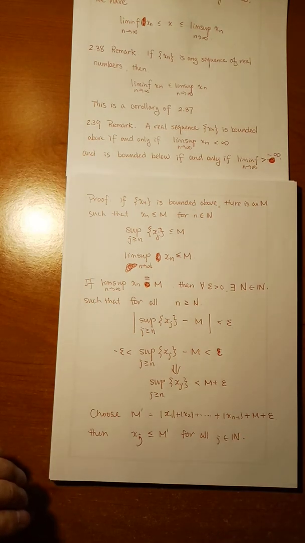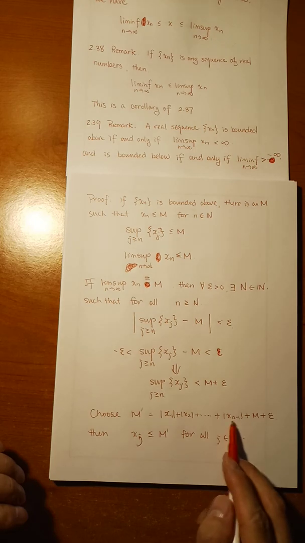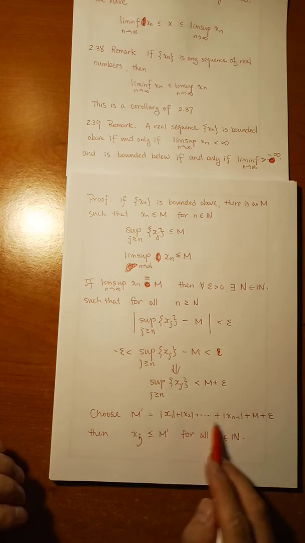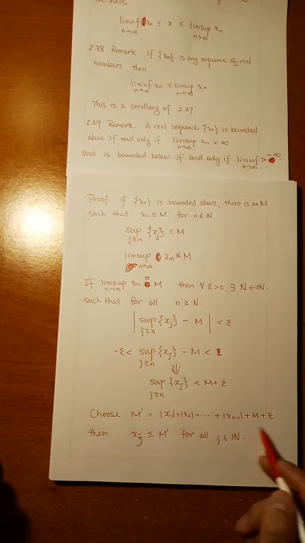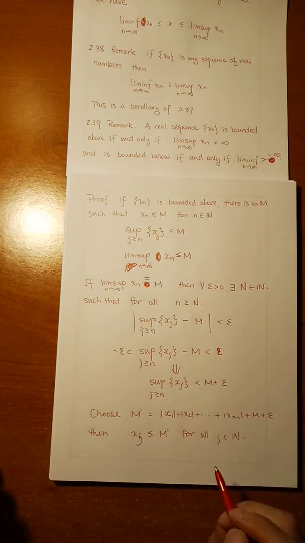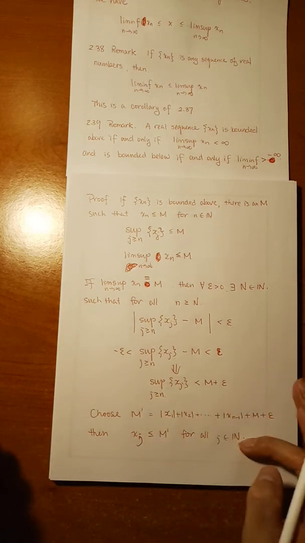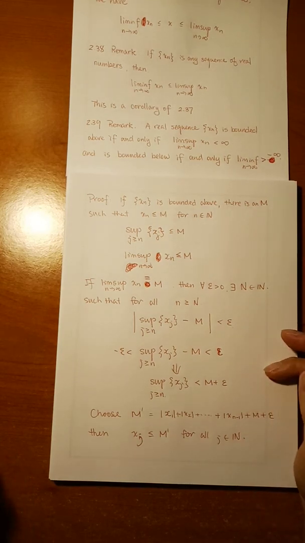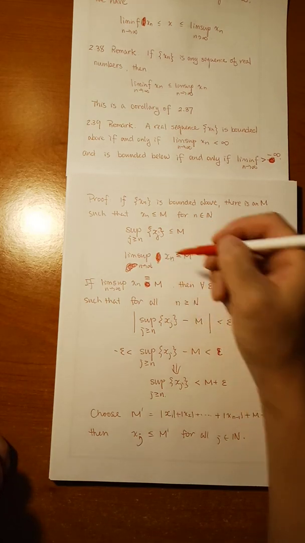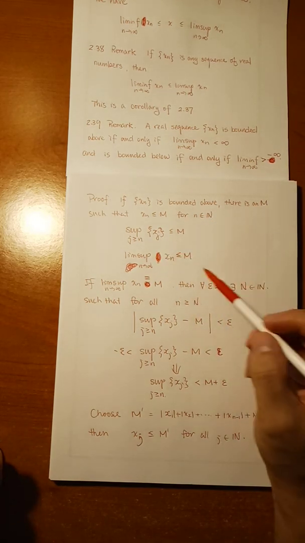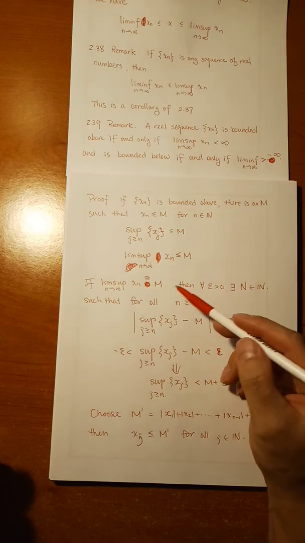So if j is smaller than n, then xj is less than its absolute value, of course. When j is bigger than n, it is less than m plus epsilon by this condition. So either way, it's going to be bounded above. You see how I go through it? So you have bounded above from the finiteness of the lim sup.